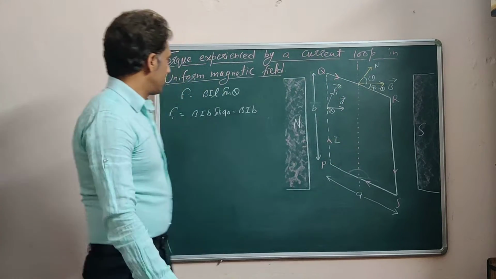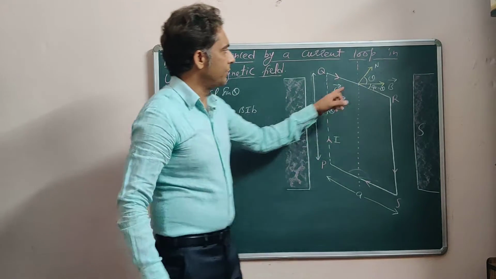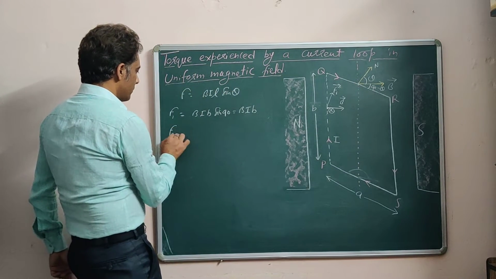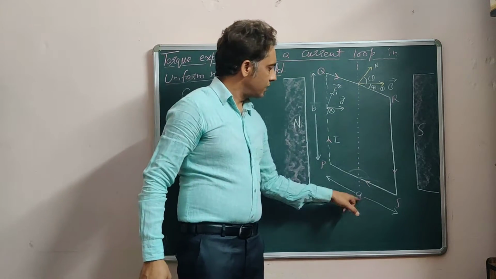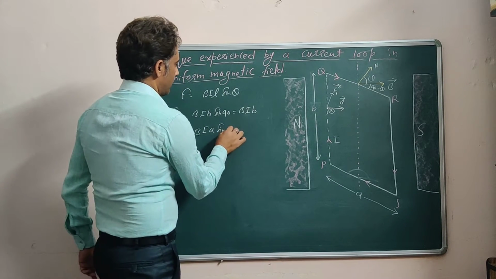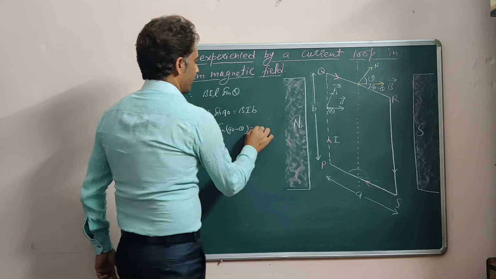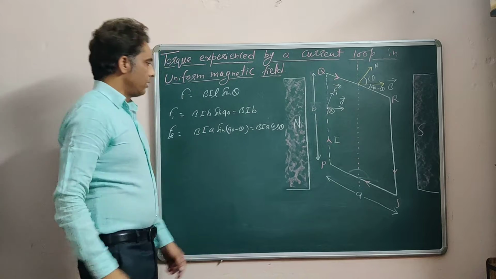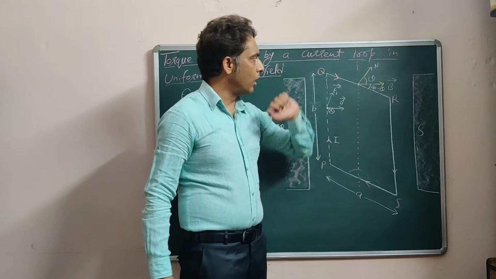Again by applying the formula BIL sin theta, if the force experienced by this portion QR is F2, then F2 is equal to BI, the length of this portion is A, sine of 90 minus theta, so that is equal to BIA cos theta. This is the magnitude of force experienced by this portion QR.